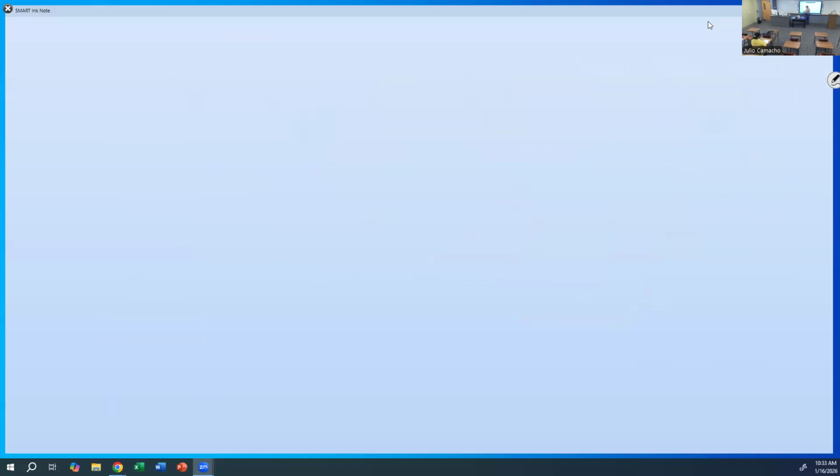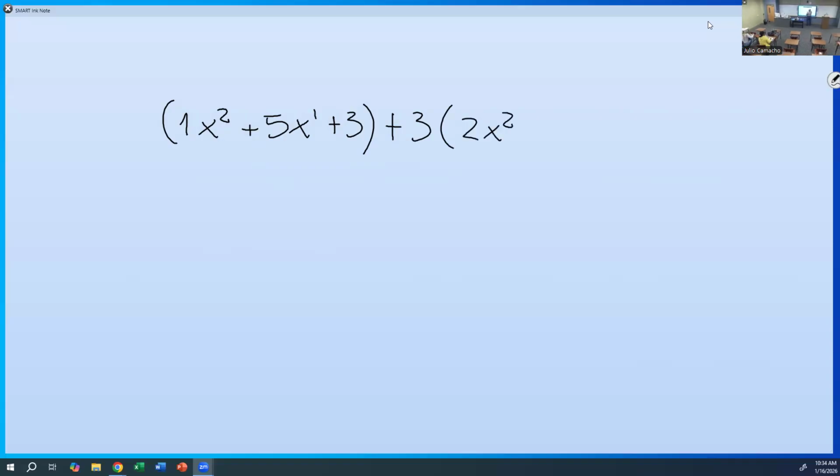There's the next one that we have. Now we have a numerical part between the two parentheses. You have 1x squared plus 5x to the 1 power plus 3, and in parentheses, you have 2x squared plus 1x to the 1 power minus 5.